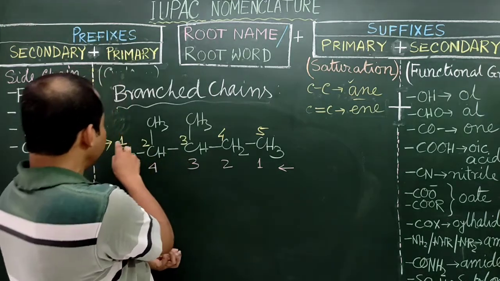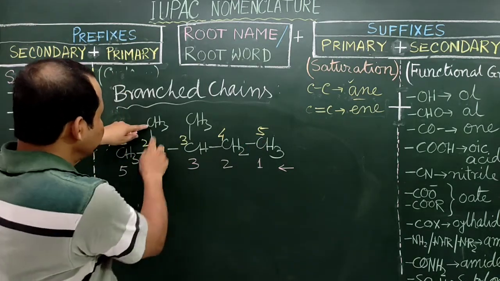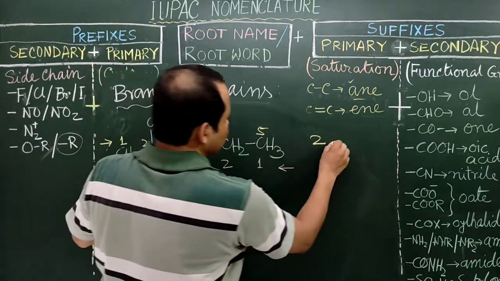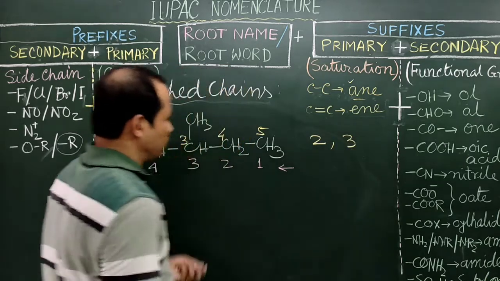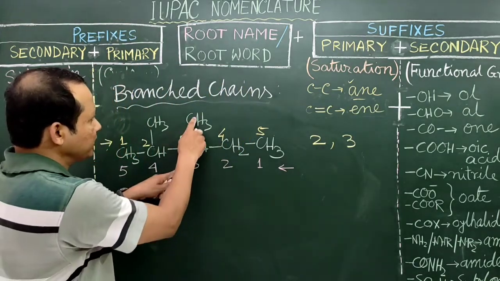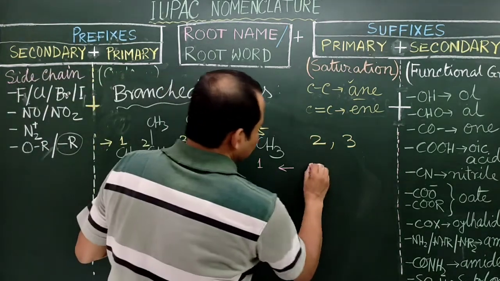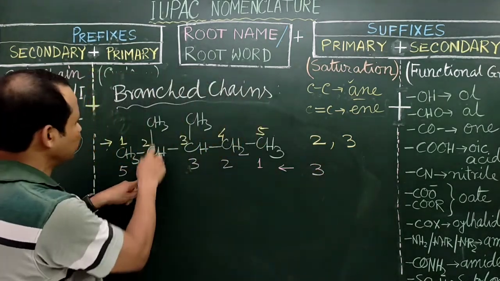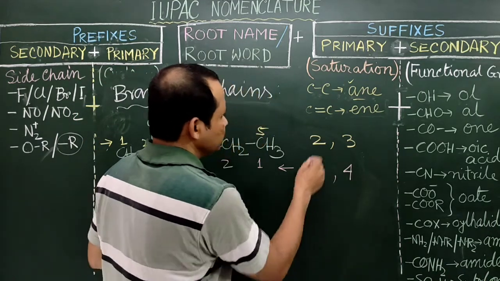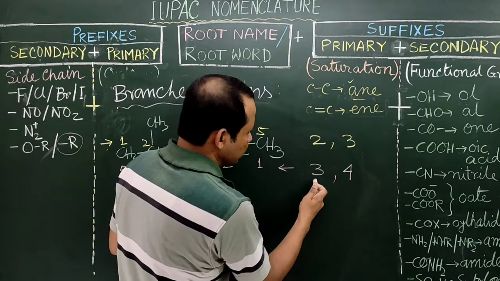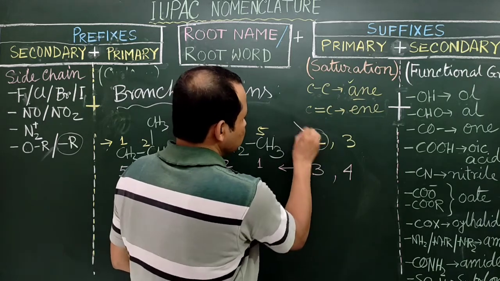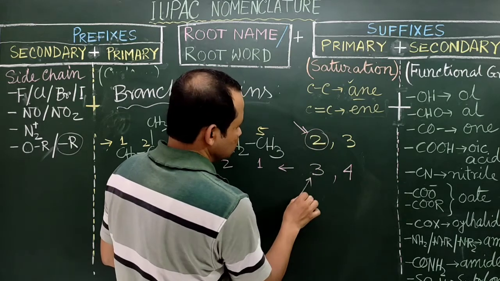If we proceed from left to right, the side chains are coming on the 2nd carbon atom and on the 3rd carbon atom, and if we proceed from right, then this side chain is coming on the 3rd carbon atom and this is coming on the 4th carbon atom. Now in this, first of all consider this set. This is 2, which is lower compared to this. This is lower, so this is higher.